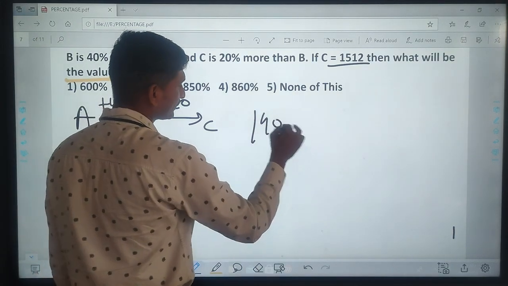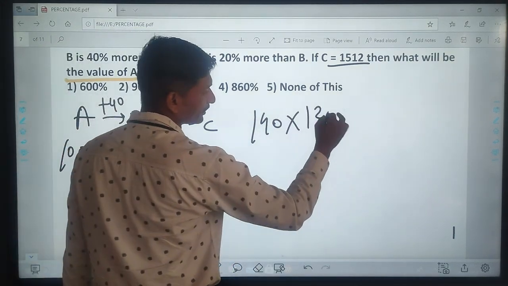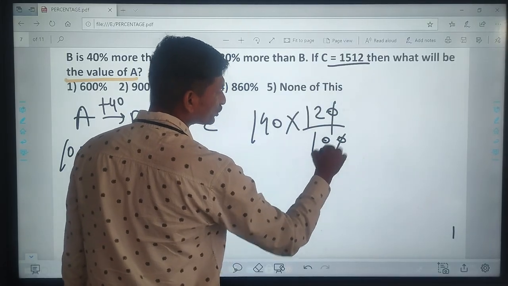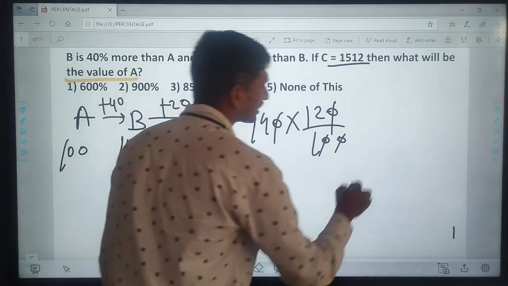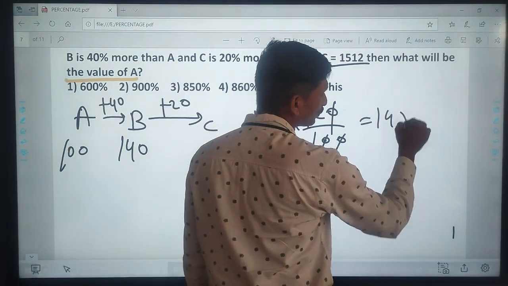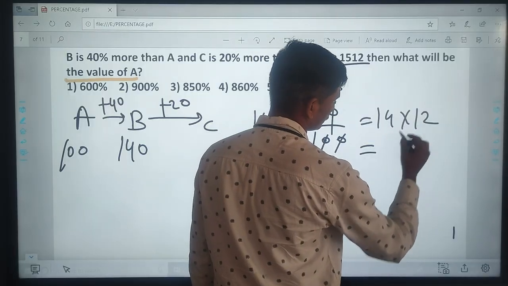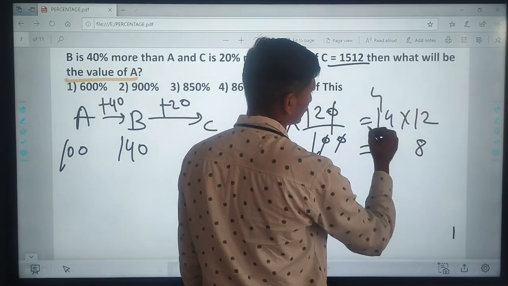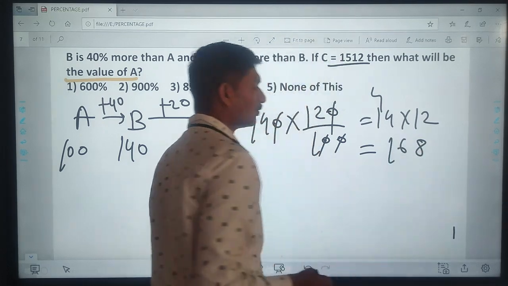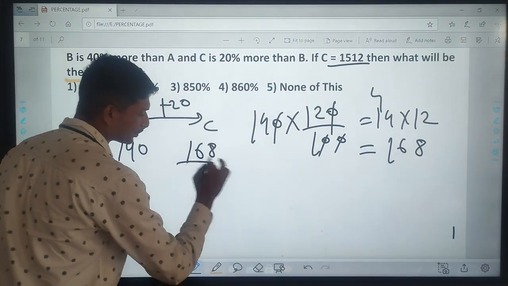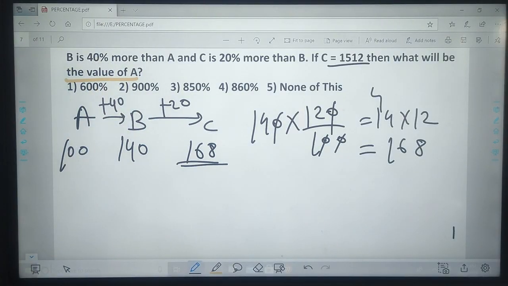Now we write here 140 into 120 divided by 100. The zeros get cancelled. Here remains 14 into 12, 168. Here C comes 168.